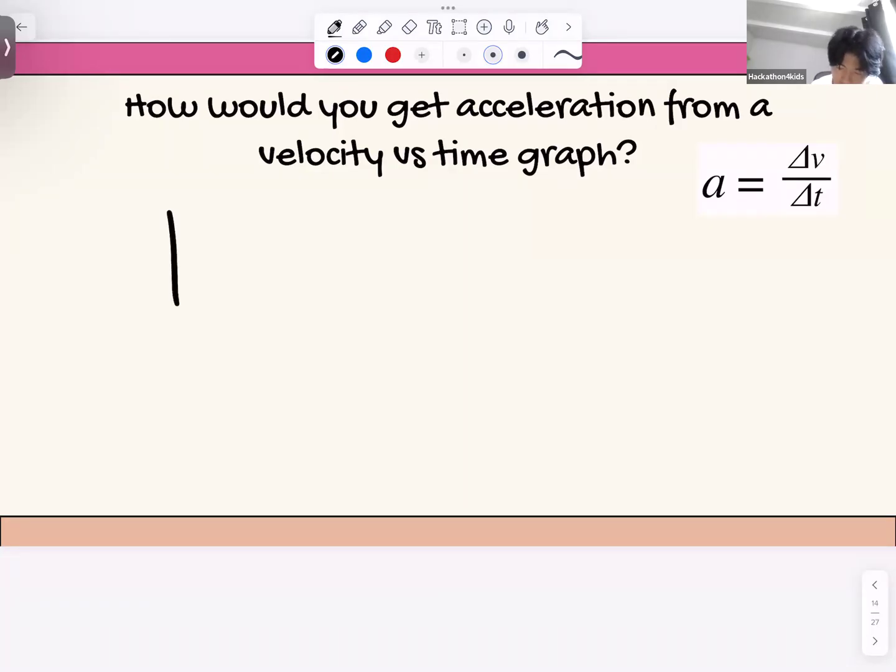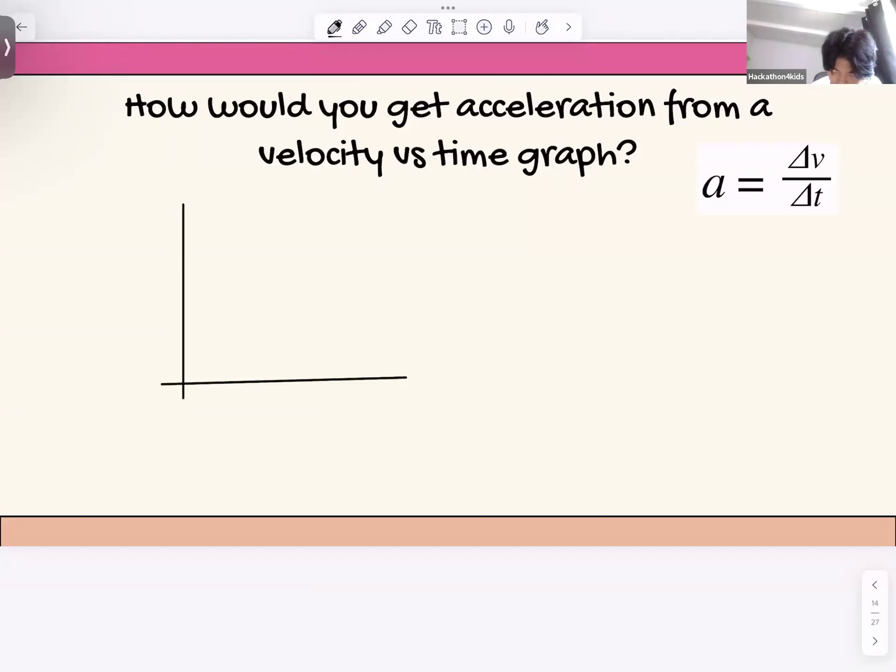Here we have a simple, let's just draw a simple coordinate axis. So what is the slope of a graph? Let's just draw a straight line.